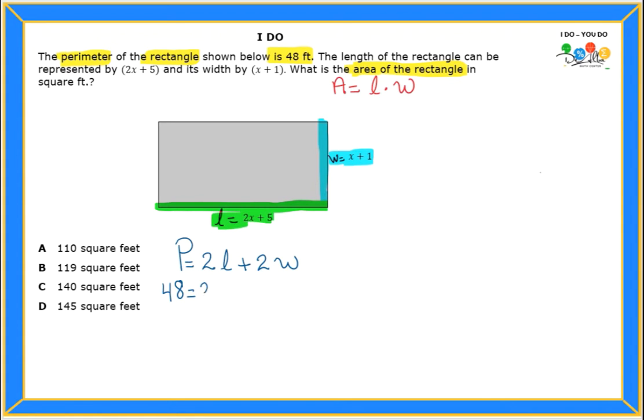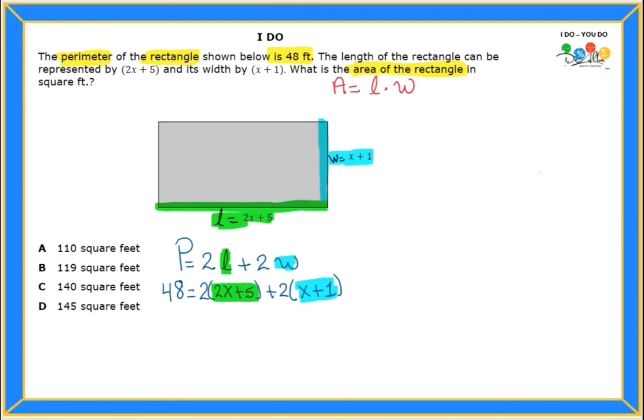I am going to replace L with 2x plus 5, and I'm going to replace width with x plus 1. Look what I did: the length is being replaced with 2x plus 5, and my width is being replaced with x plus 1.